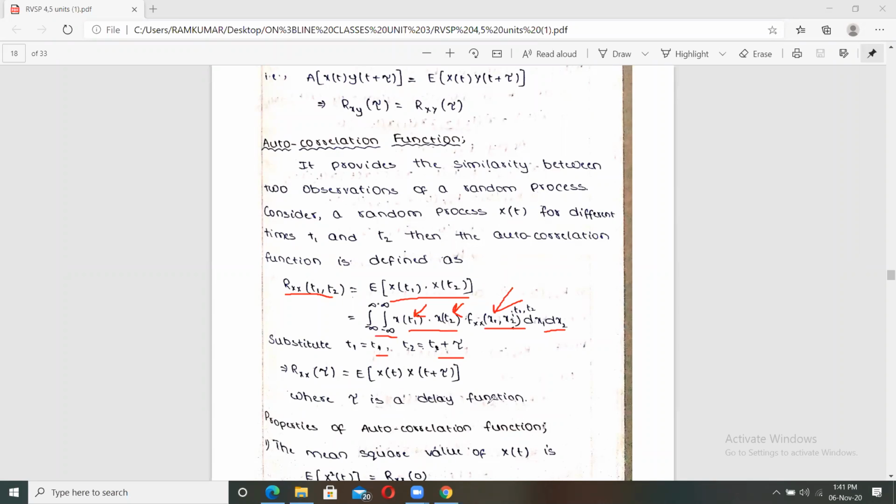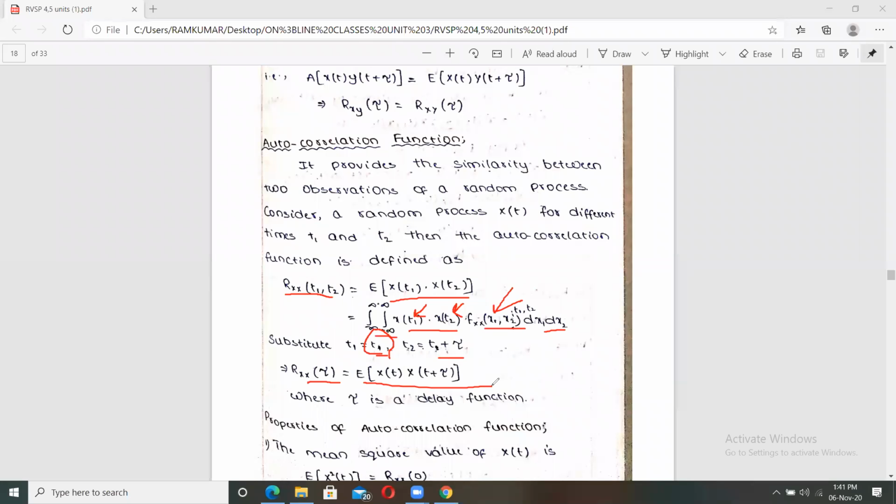Here we can substitute t1 and t2 with t and t plus tau, then it becomes R suffix x of tau is equal to expectation of x of t into x of t plus tau, where tau is a delay function. This is the simple definition of autocorrelation function.